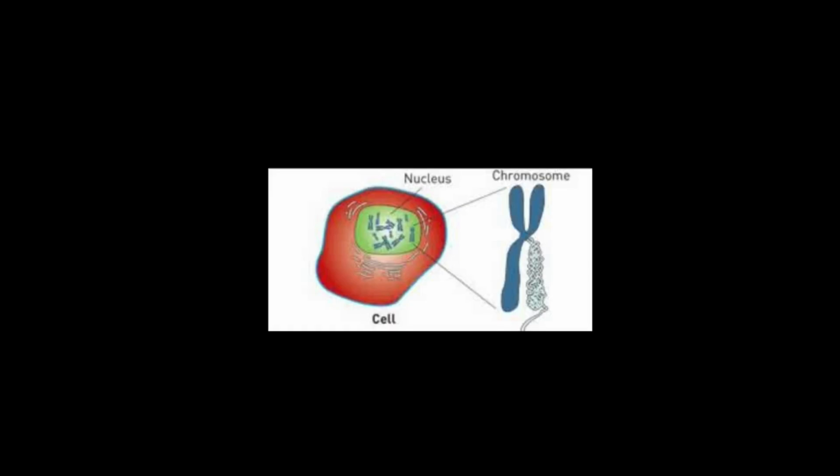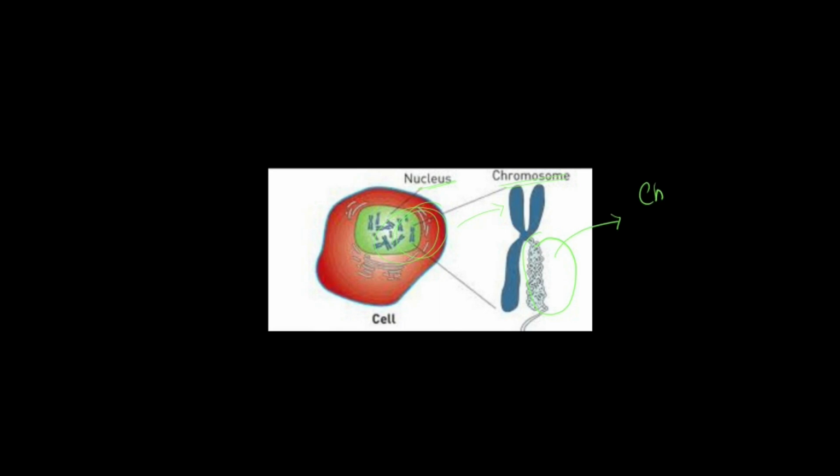Now we know that our cell contains a nucleus and inside this nucleus chromosomes are present. This picture beside is going to show the magnified diagram of chromosome, and when we look carefully into this diagram we can locate the chromatin fiber.